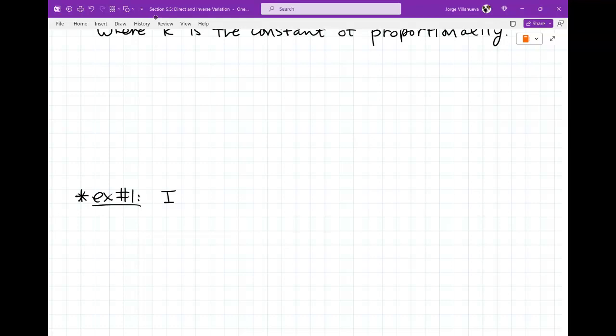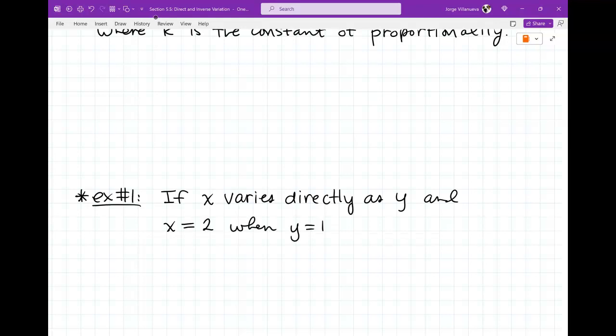It says, if x varies directly as y and x equals 2 when y equals 10, find x if y is equal to 30.